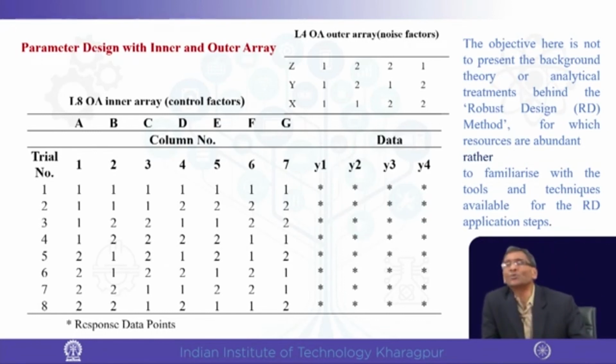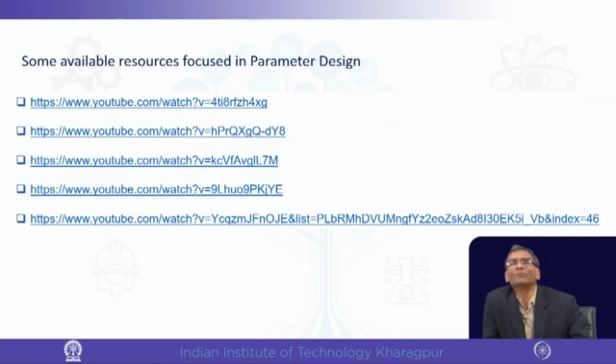These are the responses. So we take the average of it and calculate the signal-to-noise ratio. We will discuss that separately in a separate discourse, but we would understand what the process is. Here are the sources, links from where you can understand parameter design. I would give a glimpse of this.